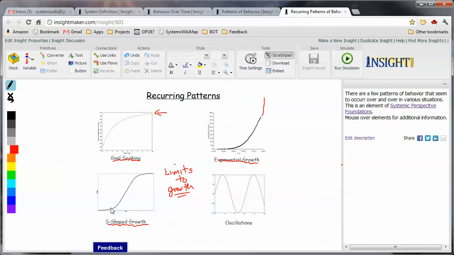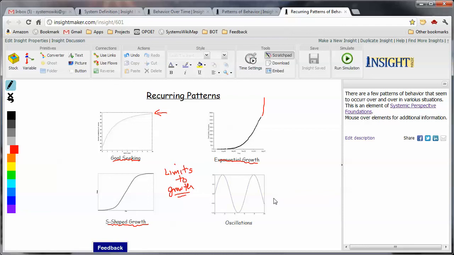So the thing is, there are a certain set of patterns that occur over and over again, and there are typical structures that are responsible for those patterns, so that if we identify a pattern, we can then go ahead and investigate to see, is it actually that structure that's responsible for this pattern of behavior, and if so, we have an immediate insight into what the structure is and how to deal with it.